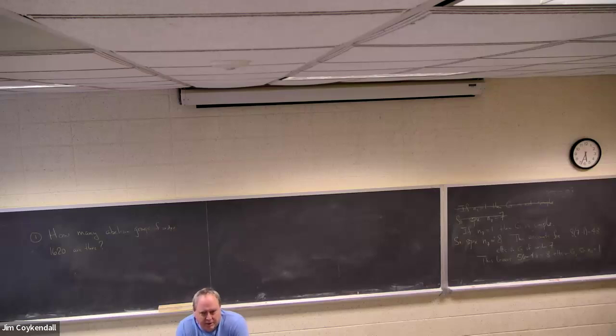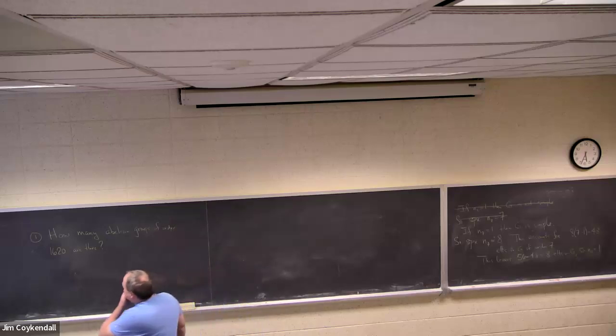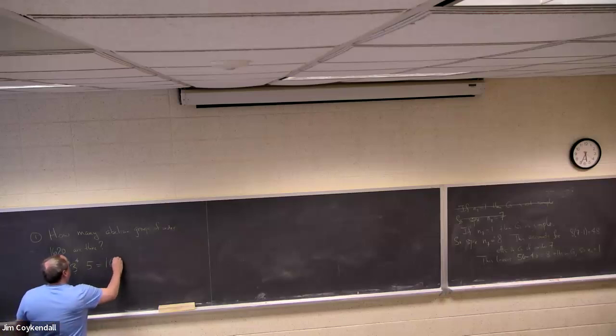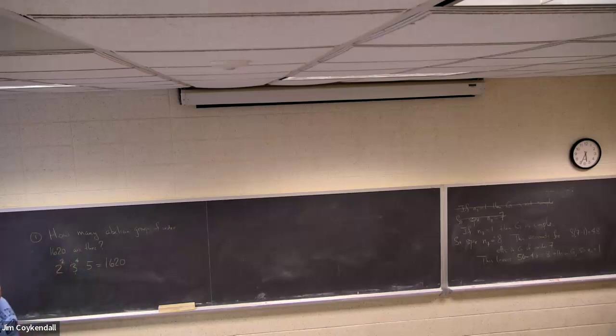And be glad that I said abelian, because otherwise the answer would be in the thousands. First thing I want to do is factor 1620, which you'd better check me on. Okay, so I'm going to find all groups of order 1620 in both elementary divisor and invariant factor decomposition.